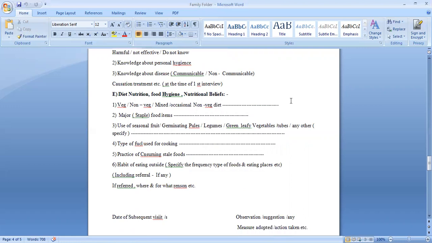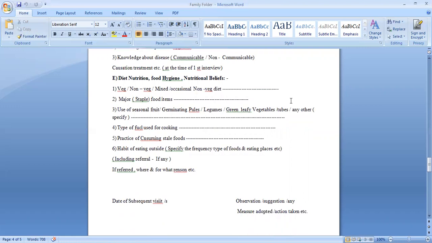Then diet, nutrition, food hygiene, nutritional beliefs, etc. Whether they are veg, non-veg, or take a mixed diet with occasional non-veg.